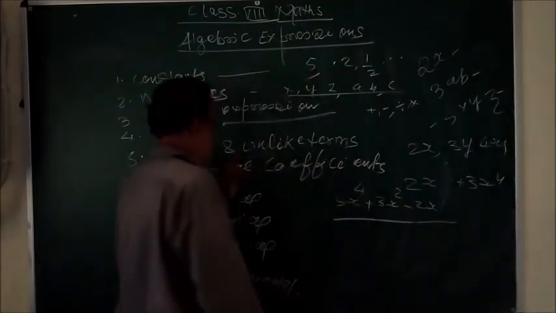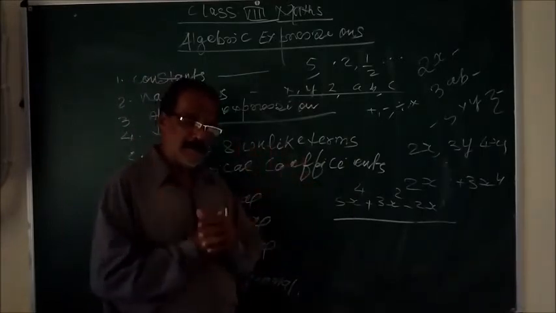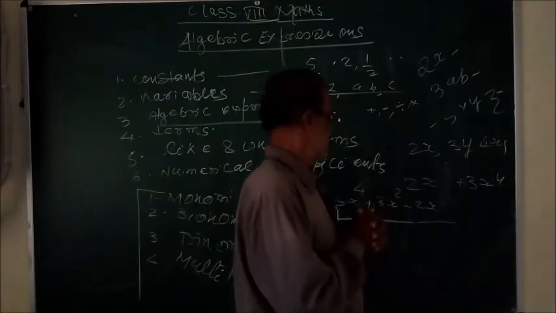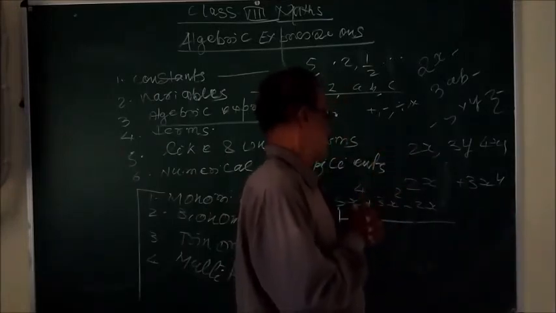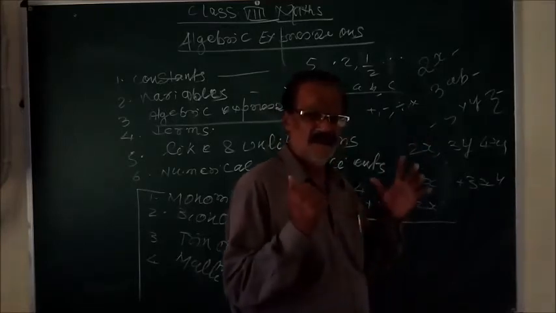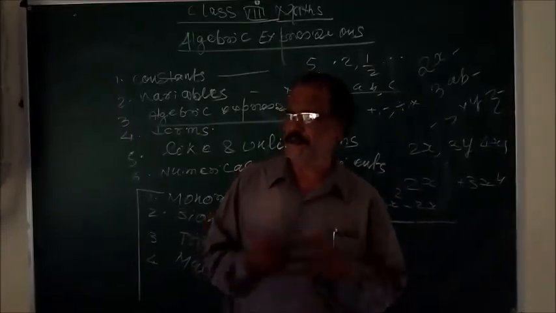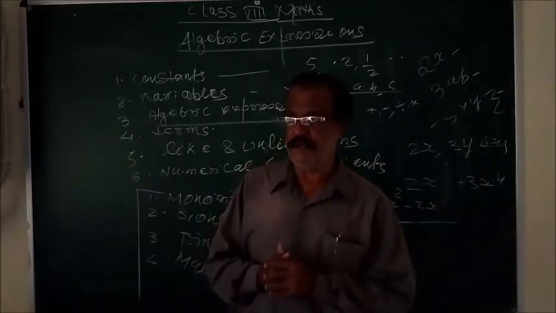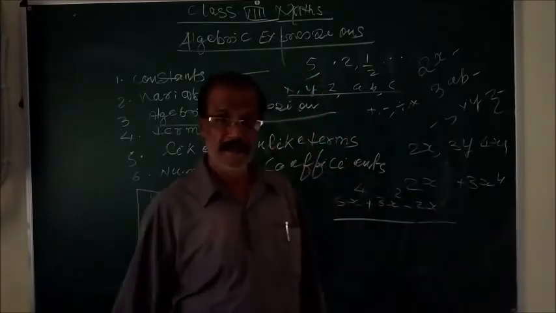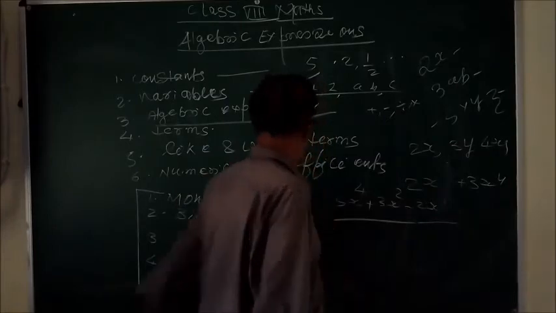Now, the numerical coefficient: the constant term put before the variable is called the numerical coefficient. If no number is mentioned, 1 is understood as the coefficient. 1, 2, minus 4, like this, any number may be a numerical coefficient, and these are variables.